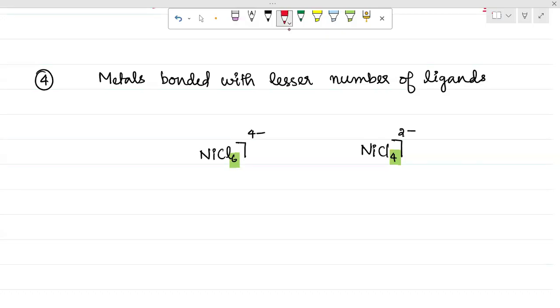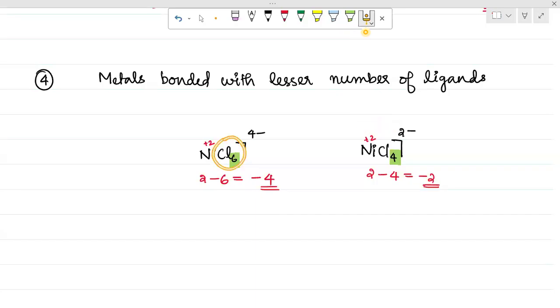The oxidation state of nickel over here is +2. Here also it is +2. So the formal charge is 2 minus 6, which is -4. Here it is 2 minus 4, which is -2. See, the accumulation of charge on the nickel is less when the number of ligands is less. That is obvious; we do not even need to do this calculation. If there are only 4 ligands, only that much of the electrons will come and accumulate on the nickel.